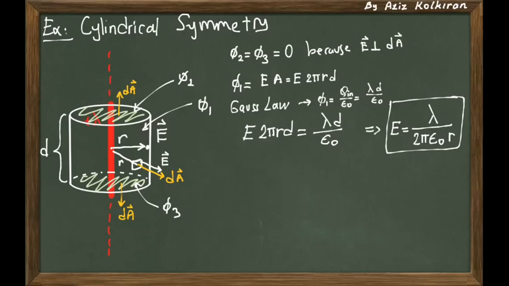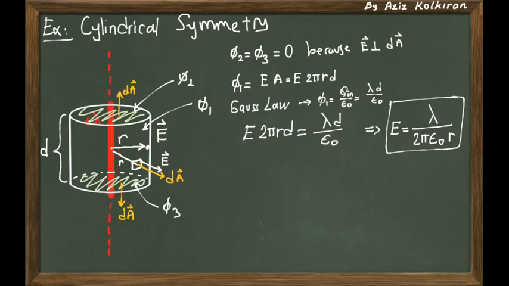So as you see, when you go away from the source, the line charge, the electric field drops as 1 over r. Remember, the electric field was dropping as 1 over r squared for point charges, but it is not the same for a line charge. It is different.